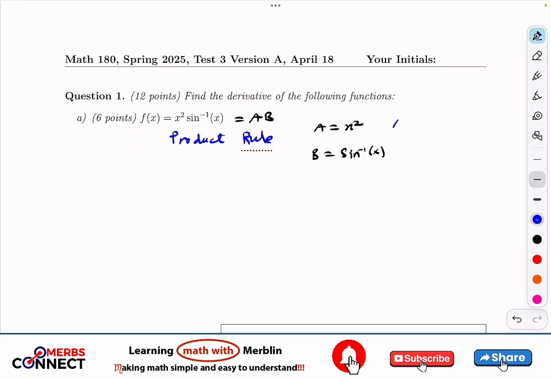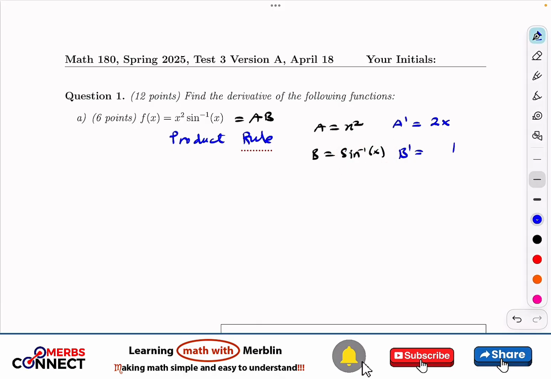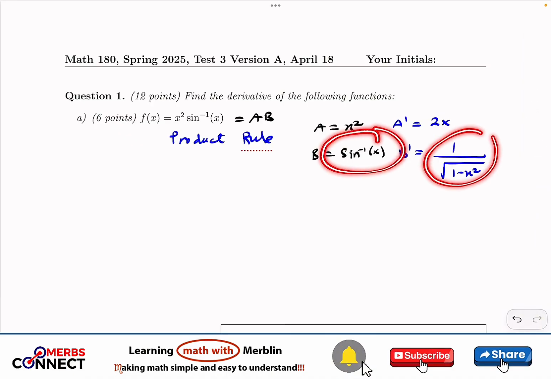Now I ask myself, what is A prime? That is 2x. But what is B prime? If you stayed up to the end of the video for the tips that I gave, when I differentiate sine inverse, we are going to have 1 divided by the square root of 1 minus x squared.